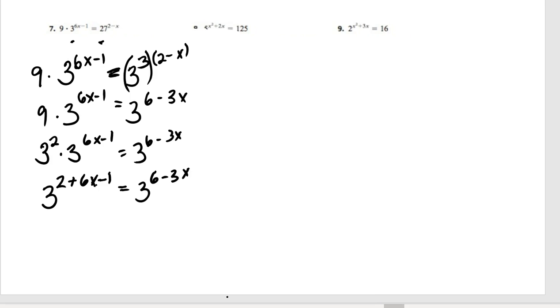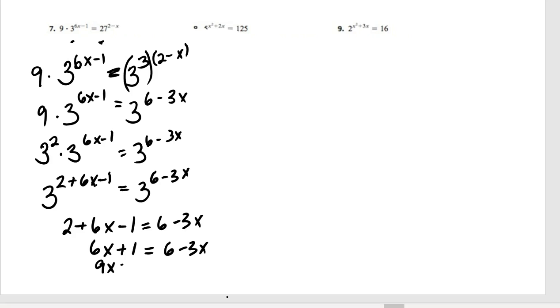Now we can just equate the two exponents. So I'll have 6x plus 1 is equal to 6 minus 3x. So I'll add 3x to both sides, and I'll subtract 1, and then divide by 9, and I'll get x is equal to 5/9.